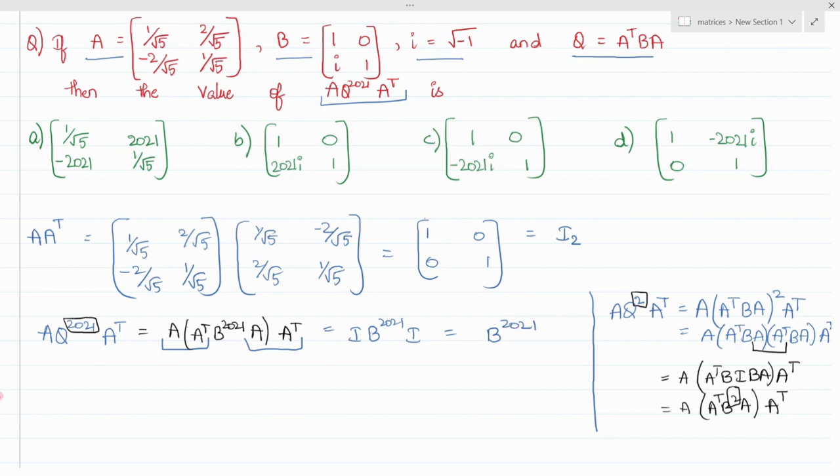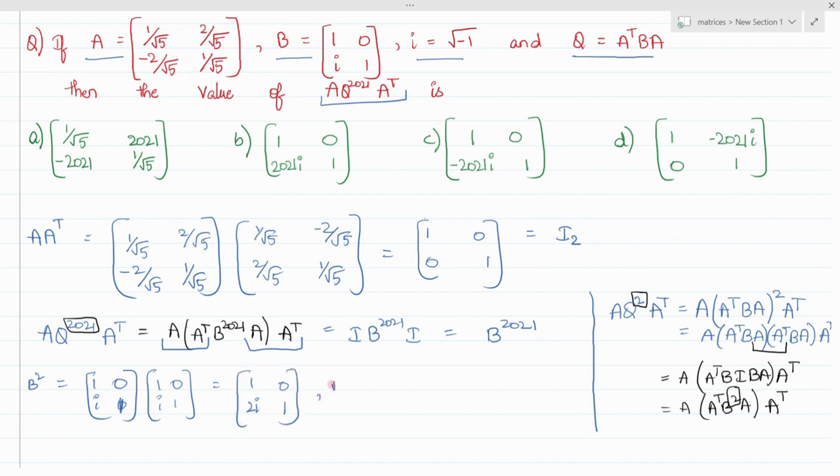So first let's calculate B square and find the pattern. B square is nothing but 1, 0, iota, 1 times 1, 0, iota, 1. It becomes 1, 0, iota plus iota, which is 2 iota, and 1 over here.